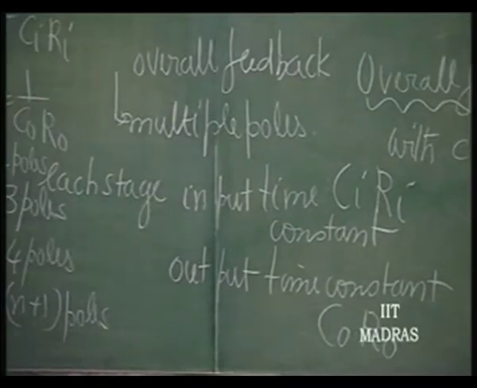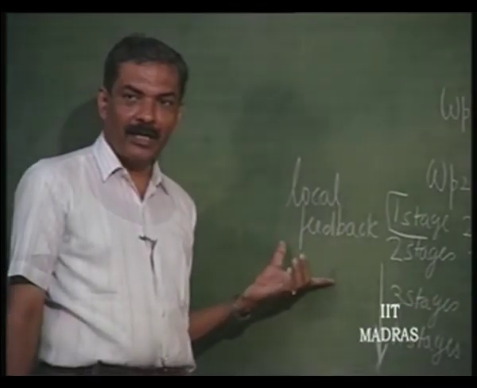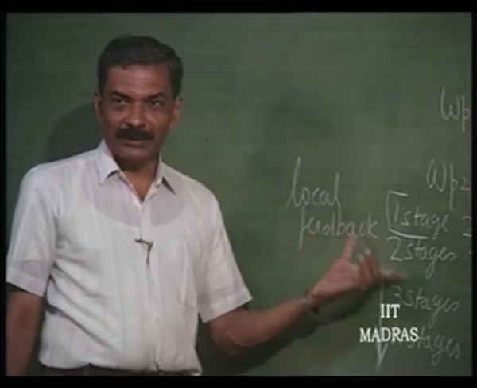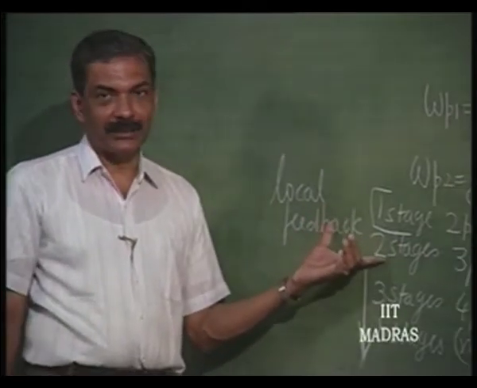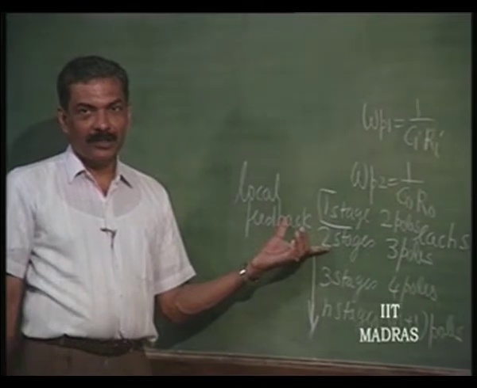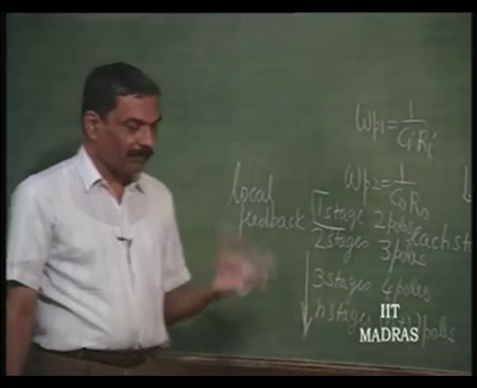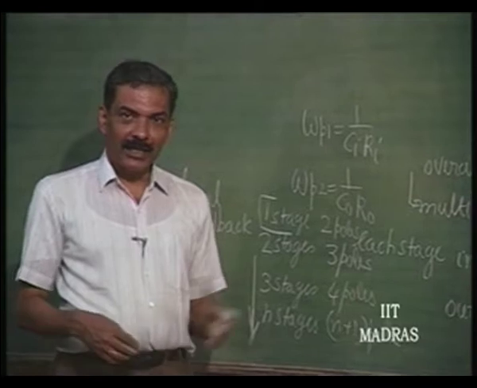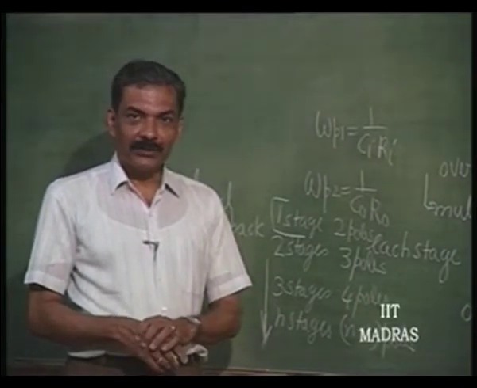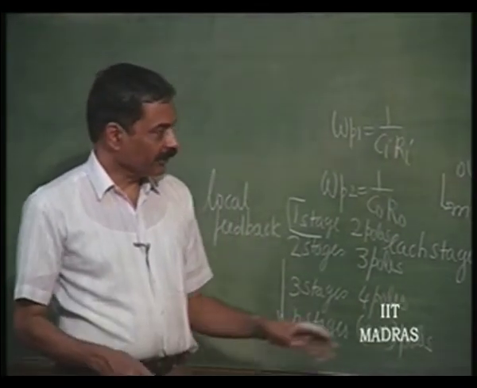Multiple stages with local feedback therefore are suited for wideband application. So, we will now discuss how to design wideband amplifiers, simple amplifiers, and cascade them together to get very wide bandwidth.